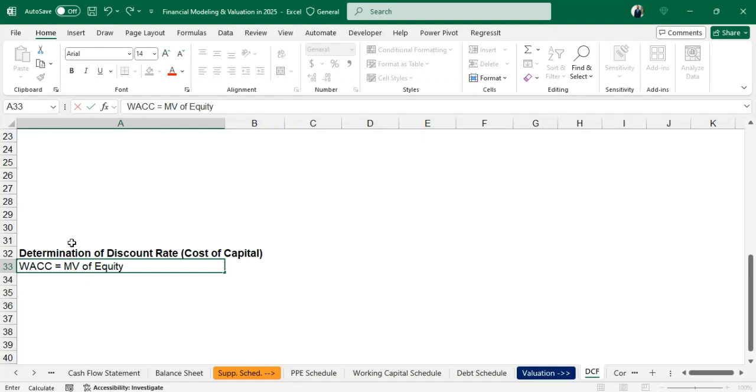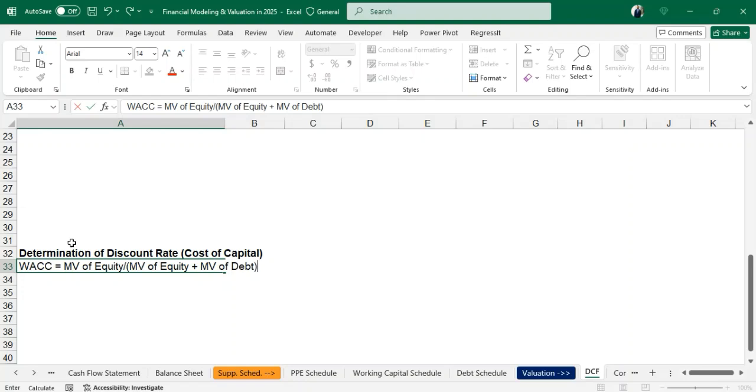So we have our market value of equity divided by the total, or the sum, of our total capital for the business. When we talk about capital, we are talking about both equity and debt. So we are going to add our total sources of capital. In this case, we are considering just equity and debt. So we are going to have a market value of equity again plus the market value of our debt.